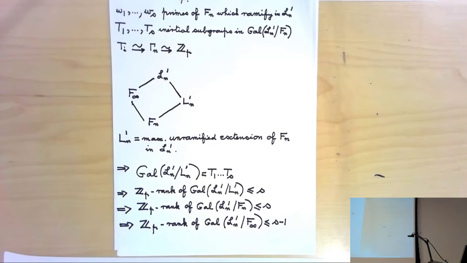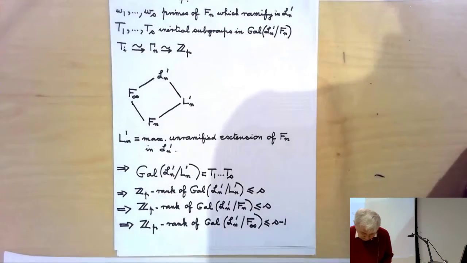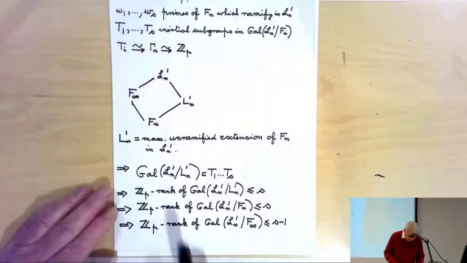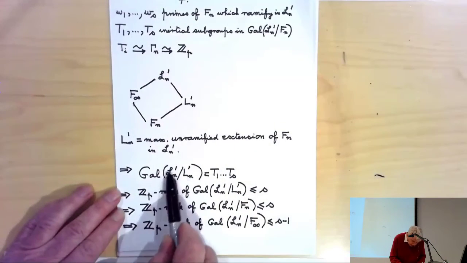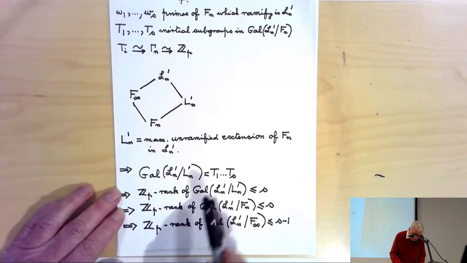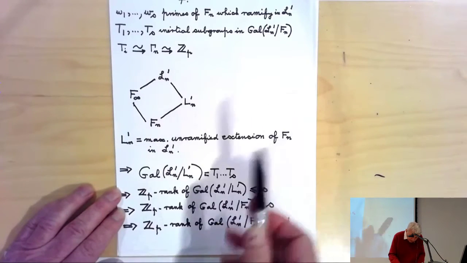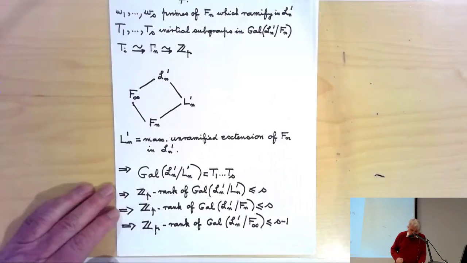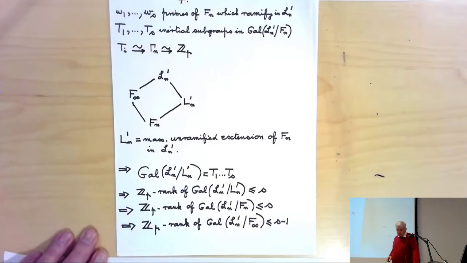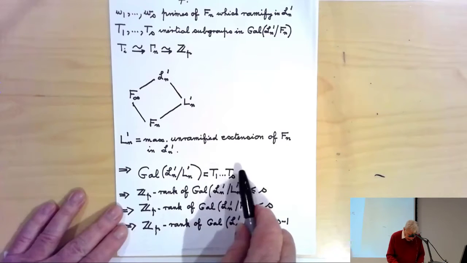So in other words, that tells us that the Galois group of curly Ln prime over Ln prime must be this subgroup generated by T1, T2, T3 to Ts. This is all an abelian situation.